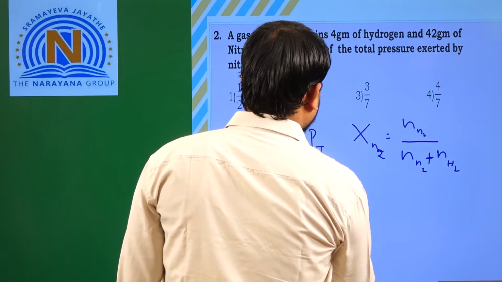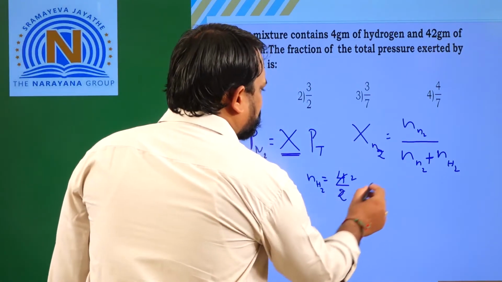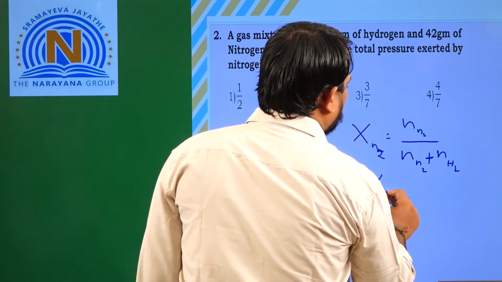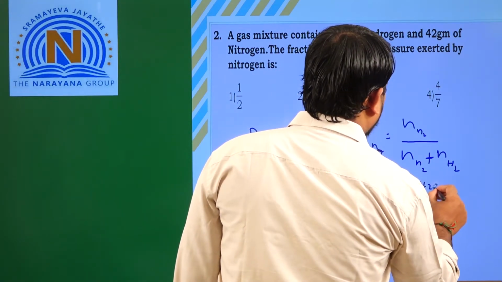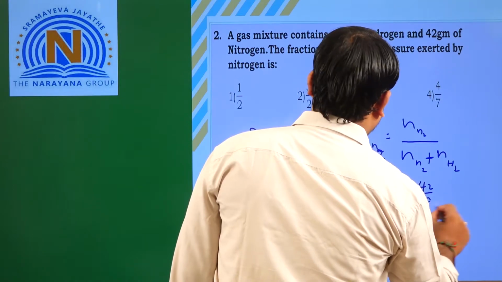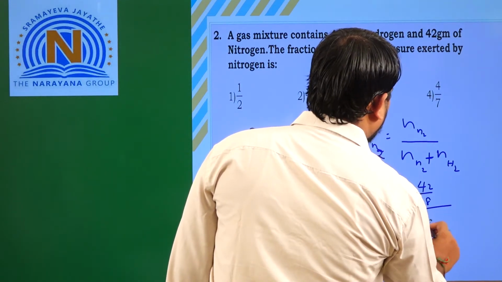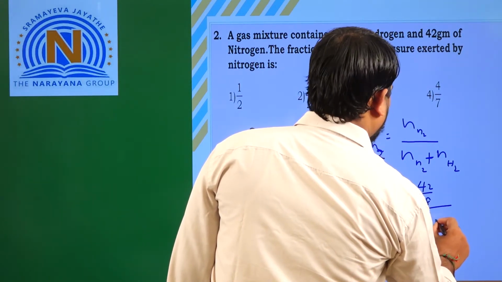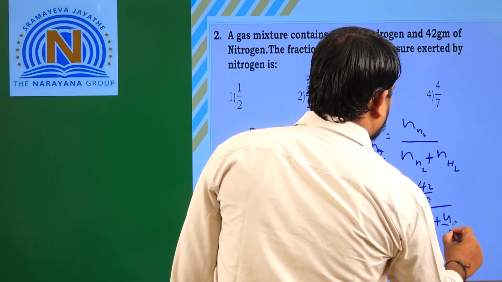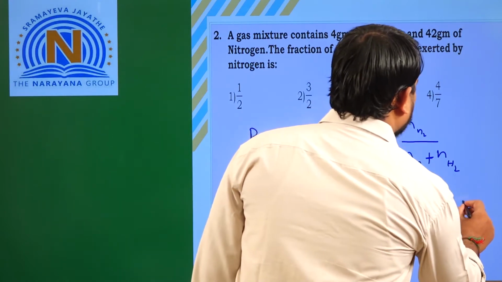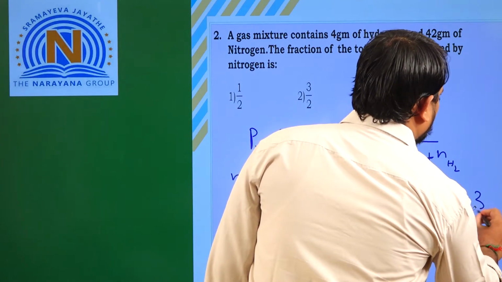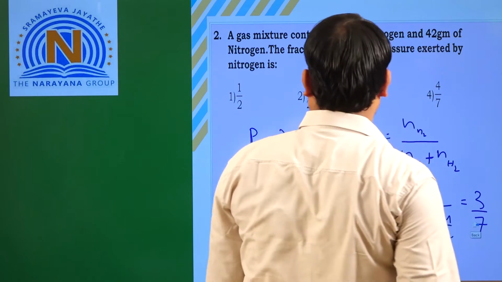Substituting here, mole fraction of nitrogen gas is (42 by 28) by (42 by 28 plus 4 by 2), and simplifying this you will get a value of 3 by 7.